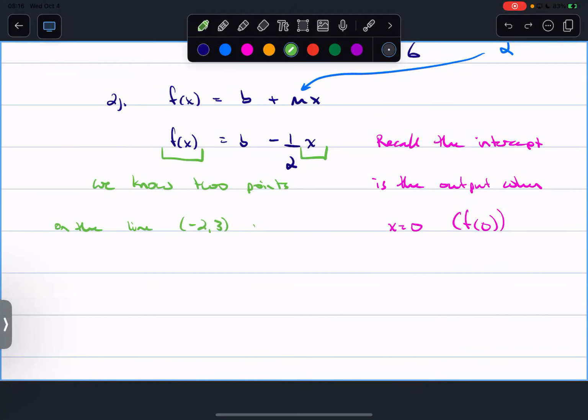I guess it's and 4, 0. Right? We can use either point to solve for b, which is also step 2, I guess.